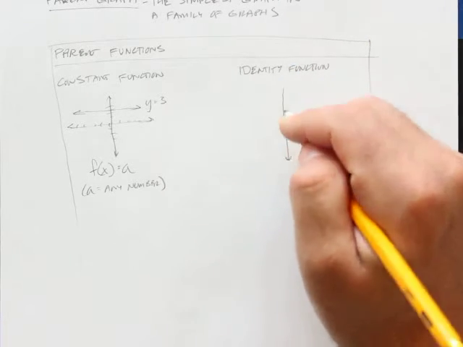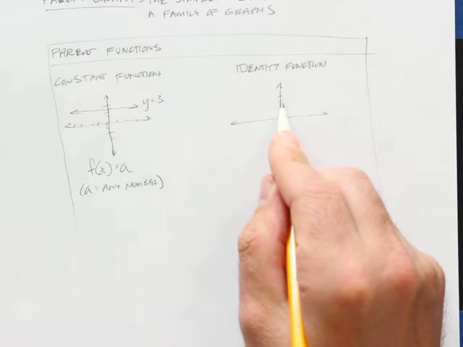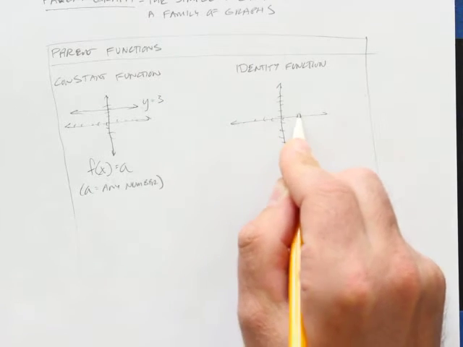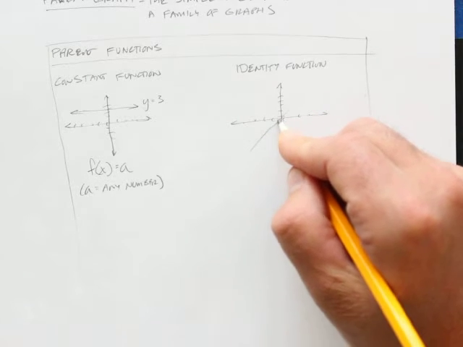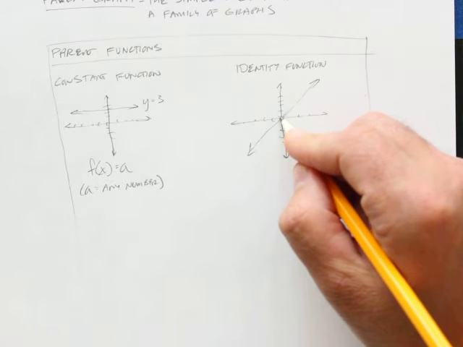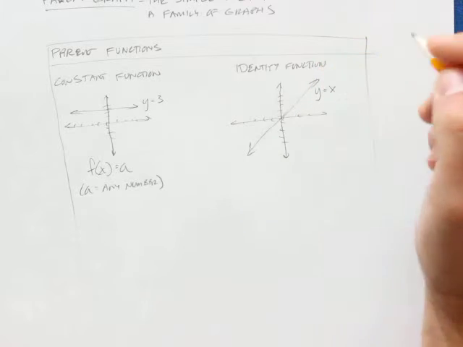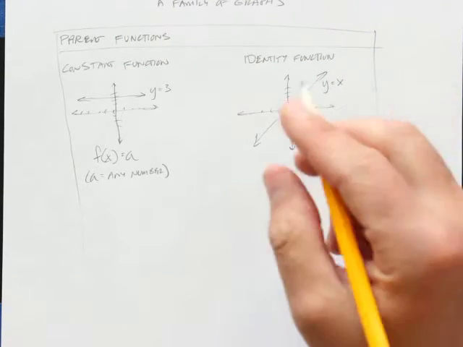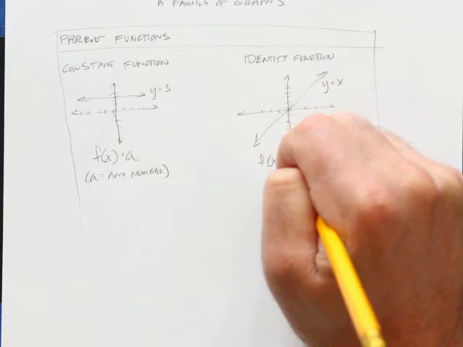I'm going to draw my coordinate plane, and then I draw a line that goes through the origin at a 45-degree angle, and this is the line y equals x, or f of x equals x.